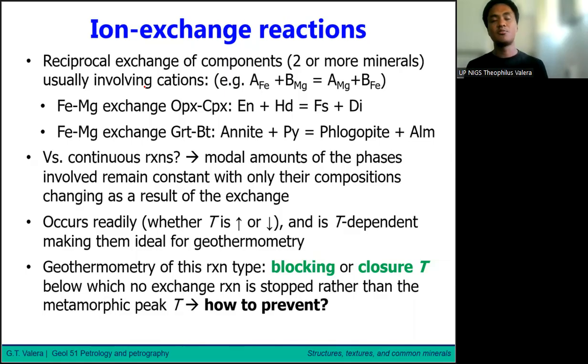For example, as we've mentioned before, generally with increasing temperature, garnet becomes more magnesian. Chlorite also becomes more magnesian. I won't discuss geothermobarometry and blocking temperature, since it's too much information. If you want to learn more about it, we'll have to discuss it in person.